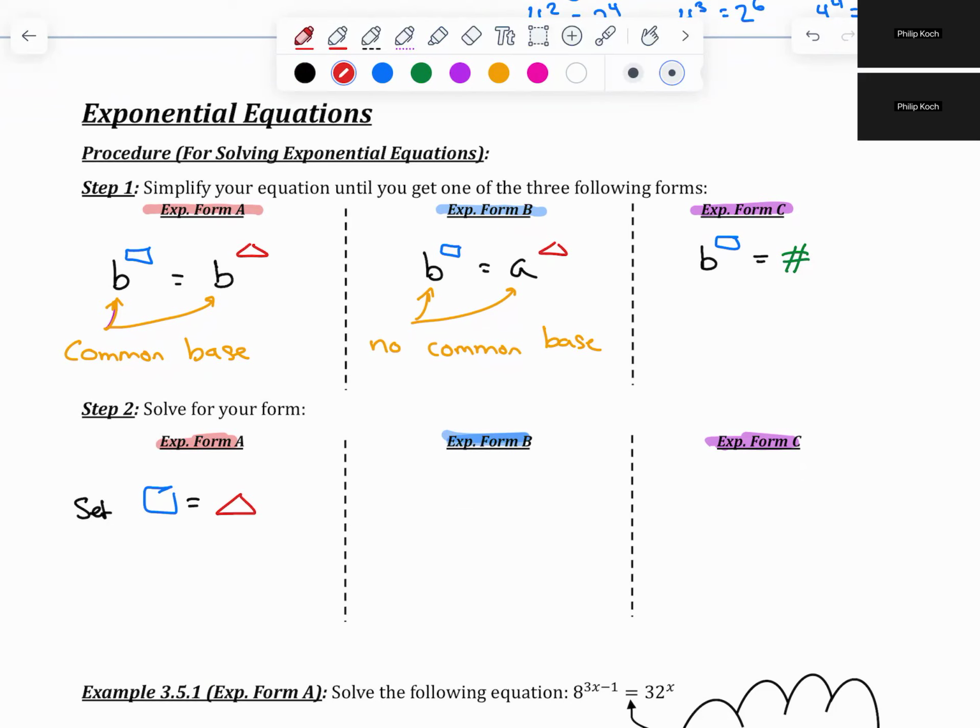So in this format, because they're the same base and they're equal, their exponents have to be equal. There's no other way around it. So that's all you need to do in this case.